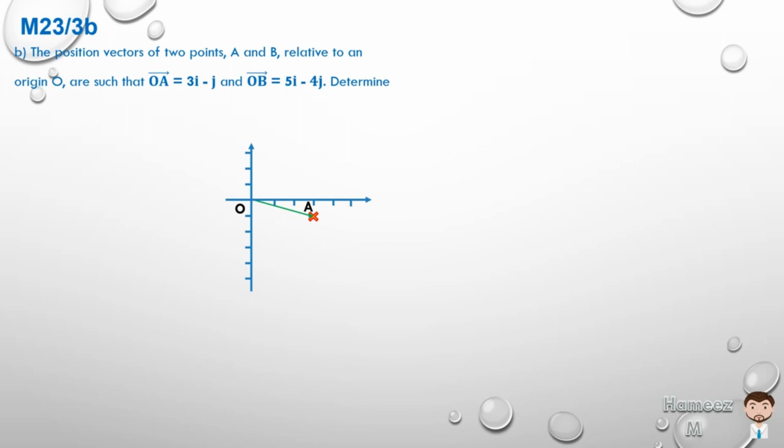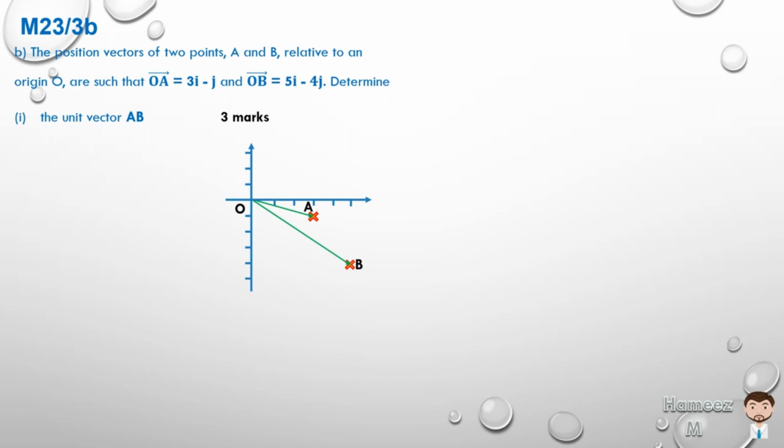And OB is equal to 5i minus 4j. Similarly, let's bring up B at the point where the unit vector in the x direction is 5 and the unit vector in the y direction is minus 4. We're just kind of approximating here, so students can get a general idea of what's happening. And now we can draw the line O to B, that vector.